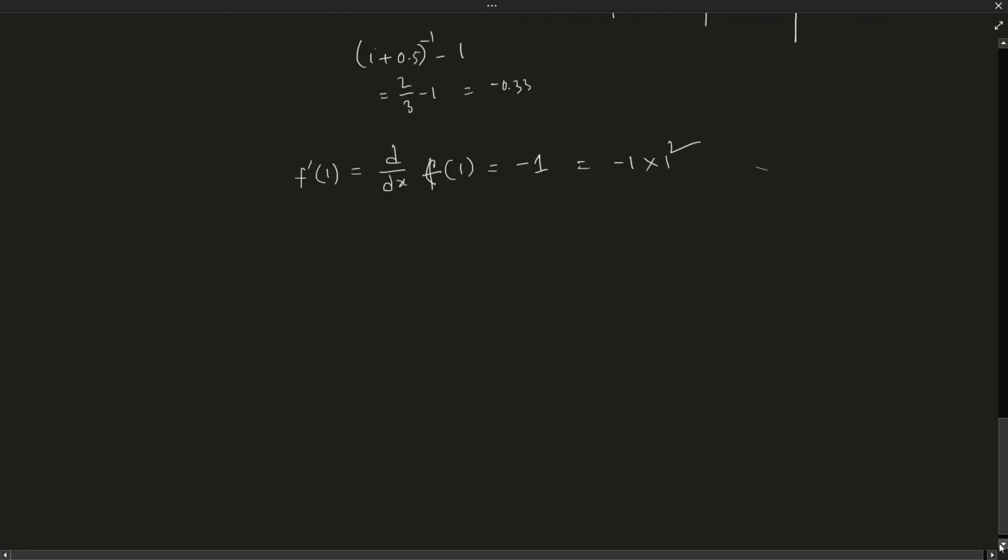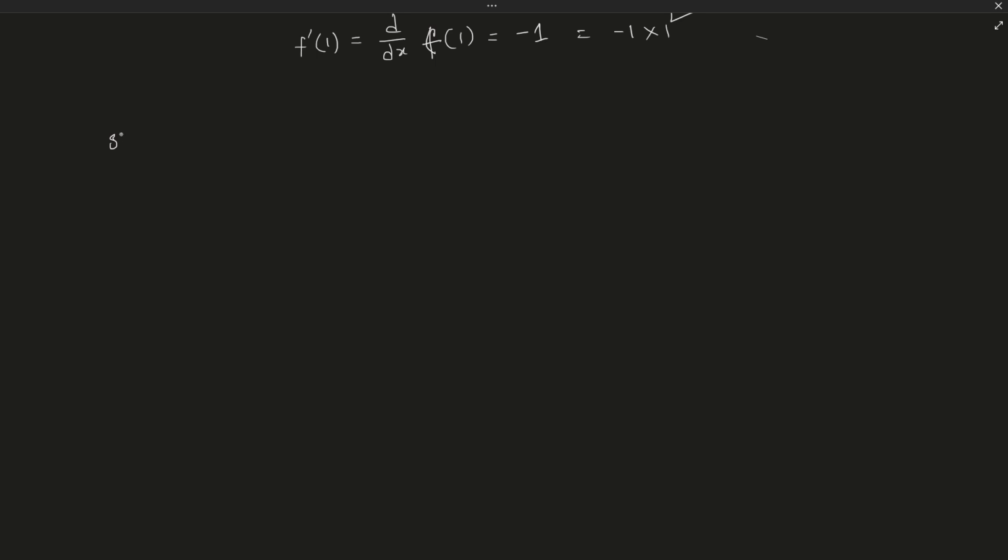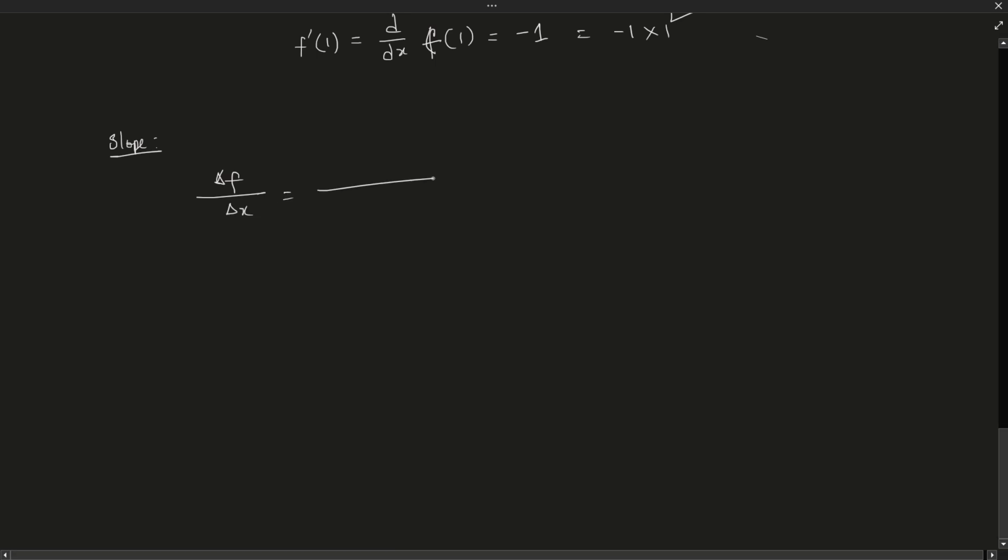Now let's calculate the slope in mathematical format. It's del f by del x, then f of x plus del x minus f of x, then del x.